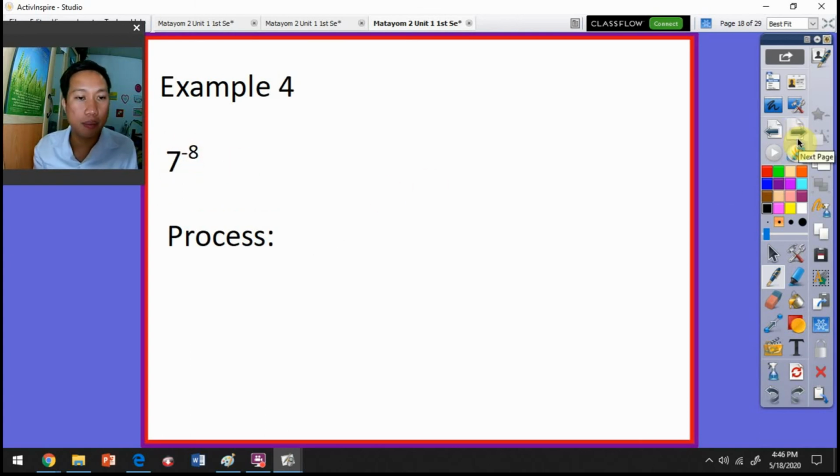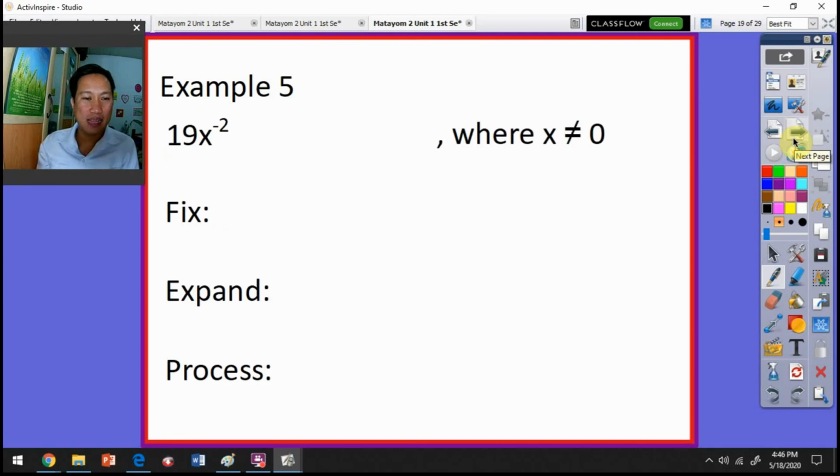Let's look at example number 4. 7 minus 8. Base, exponent, reciprocal, base, exponent. Okay, very good.